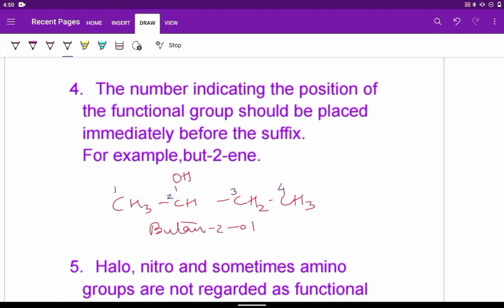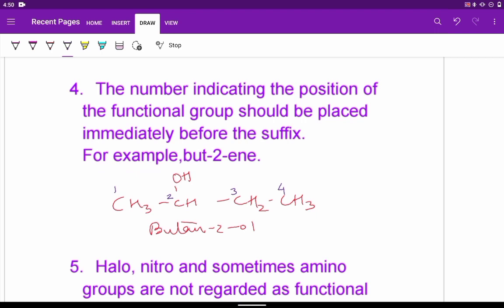But actually, this rule was recommended around 1993, that the number indicating the position of the functional group should be placed immediately before the suffix, like but-2-yne. This is the latest convention which is used by IUPAC. The older conventions like butene-2 or butanol-2 will still be used; the replacement will take some time.